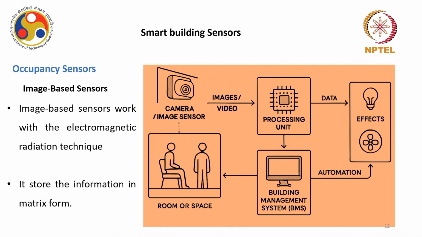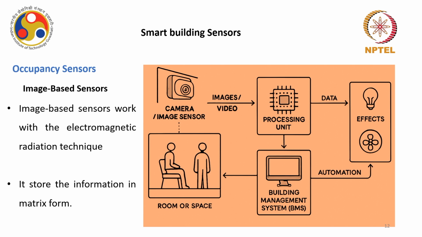So what we have not discussed is image based sensors. We will discuss image based occupancy sensors, which are of course based on cameras. Image based sensors work with electromagnetic radiation techniques.